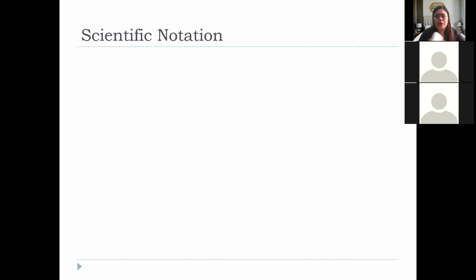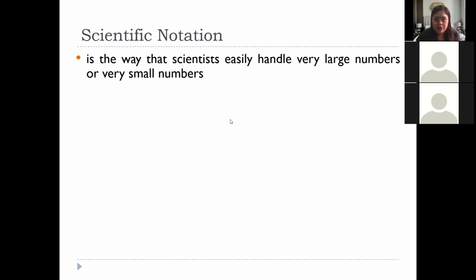We will now start with our discussion about scientific notation. Scientific notation is the method wherein scientists handle very large or very small numbers.